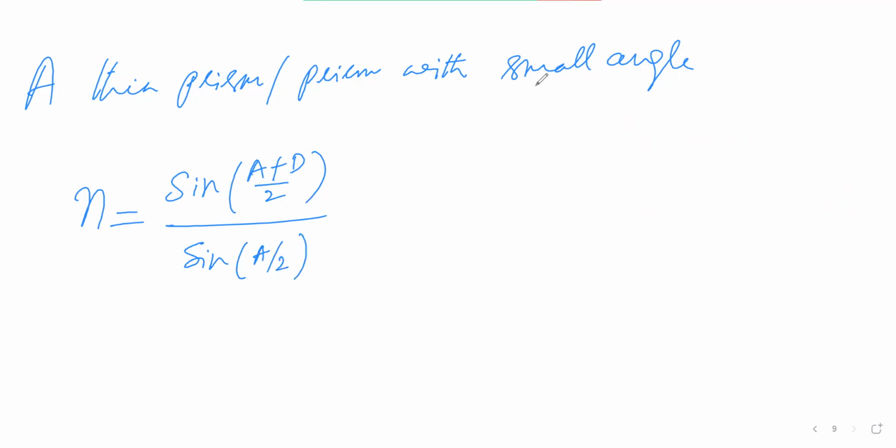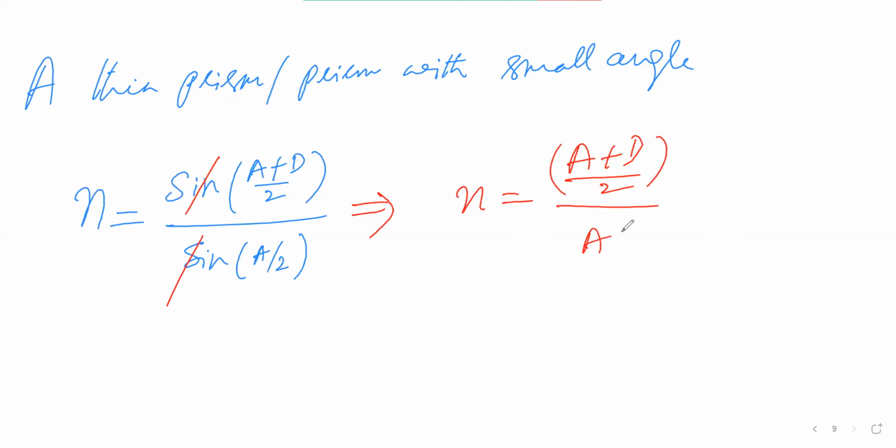When we say small angle, we can neglect the sine, so they cancel each other. So I can write n equals (A plus D) by 2, whole divided by A by 2. Correct? Taking the inverse, the 2 and 2 cancel. So n equals (A plus D) whole divided by A.